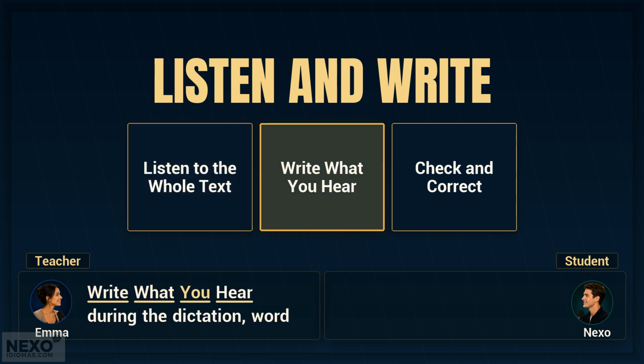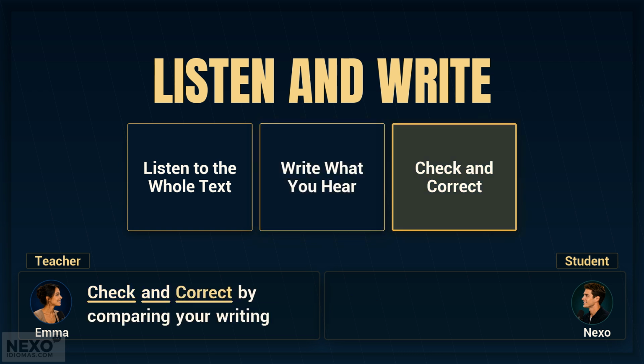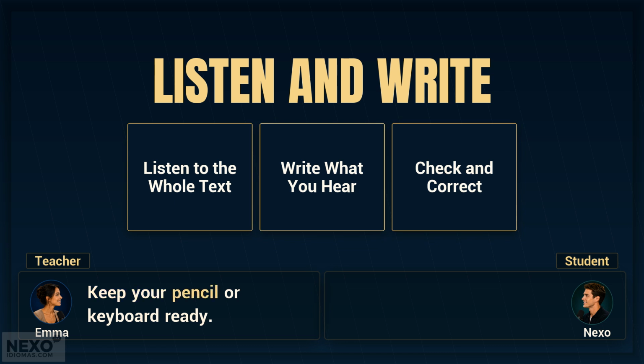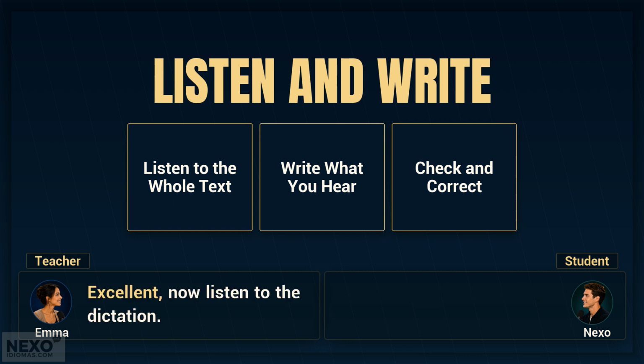Write what you hear during the dictation, word by word. Check and correct by comparing your writing with the original text. Keep your pencil or keyboard ready. I am ready to hear the full text. Excellent. Now listen to the dictation.